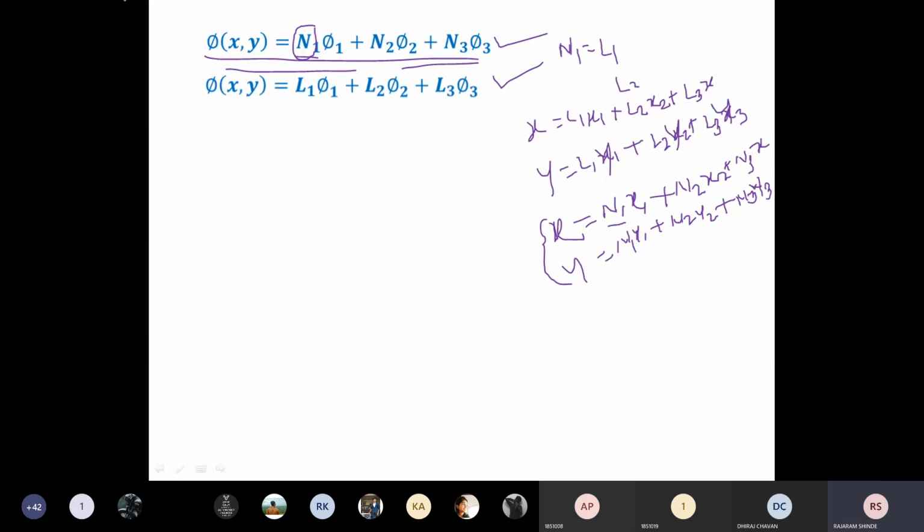See here, if we use the same shape function for variation of the field variable over the element as well as for variation of the geometry of the element, then it is known as isoparametric element.